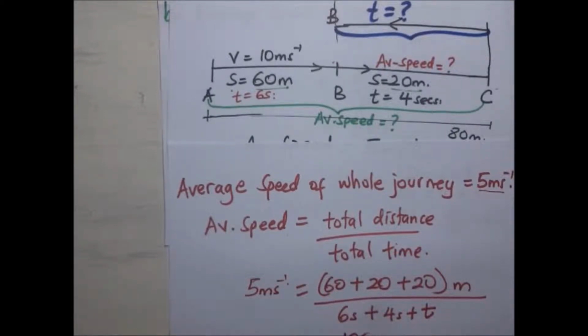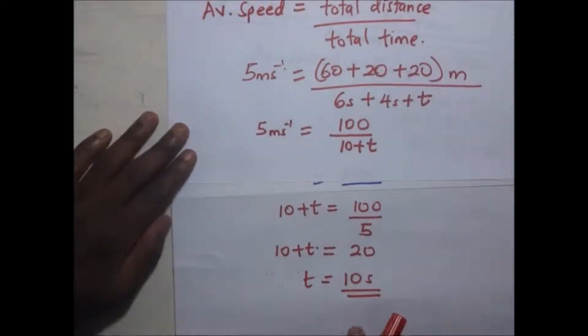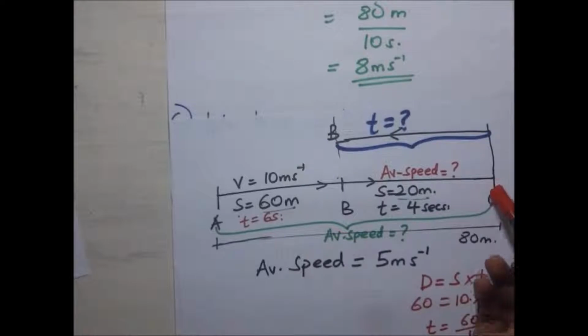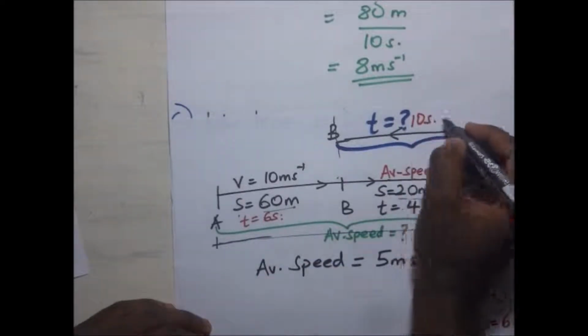This is 100, divided by 10 plus t, equal to 5 meters per second. When we make t the subject of the formula, we get t as 10 seconds. So it means that the time taken to move back from C to B is 10 seconds.